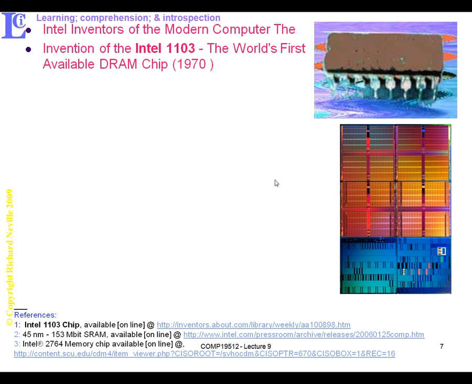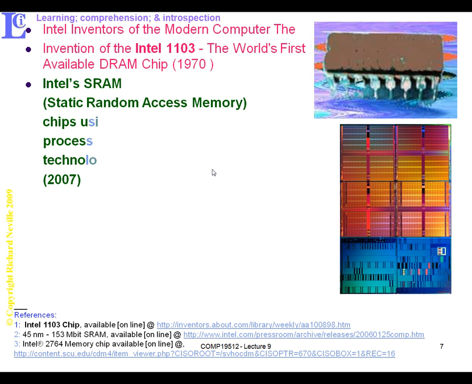Now modern day DRAMs look totally different to this. This one here is Intel's SRAM. You can see it's very symmetrical, and you might guess that there are buses going down here, and these are the actual storage locations that I'm indicating with the arrow. So Intel's RAM here is a static RAM, which is totally different to the dynamic. We'll have a quick look at that in the lectures and talk about it.